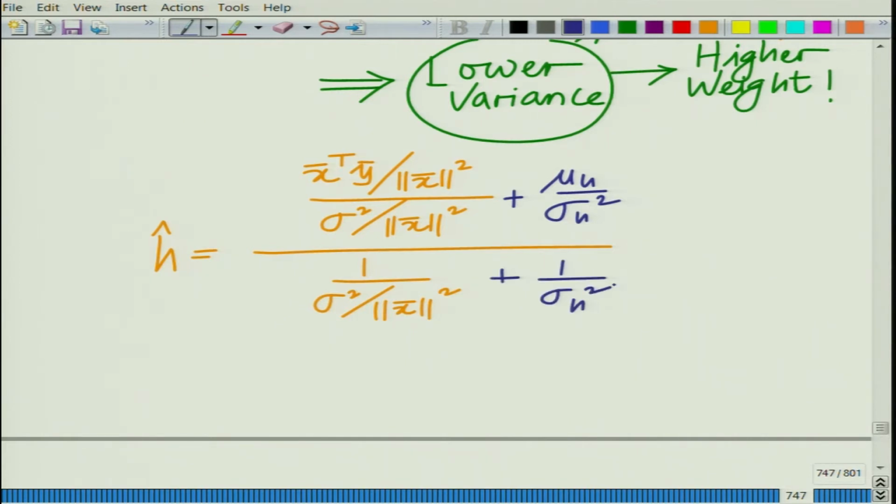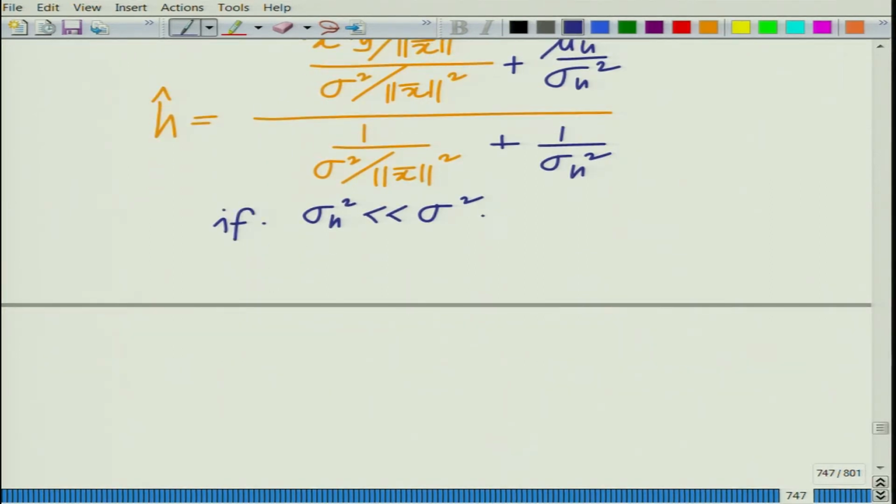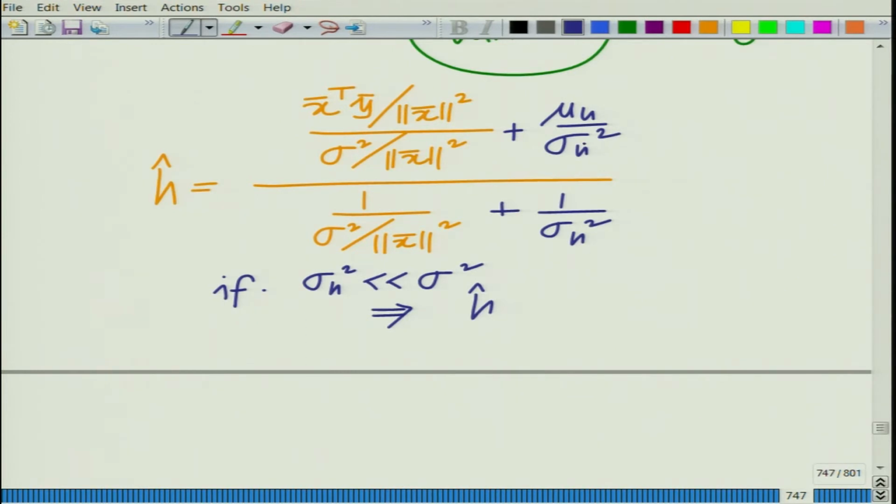Now, if sigma h square is much less than sigma square, that is, very small, this implies you can see this term will be large, that is your second term, mu h by sigma h square and 1 over sigma h square, these will be large, which implies h hat tends to mu h, right.